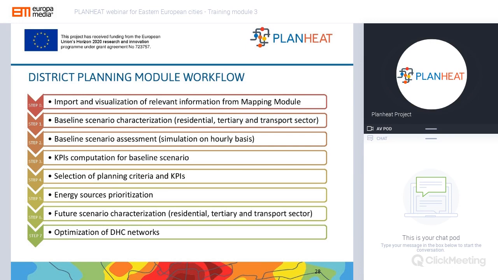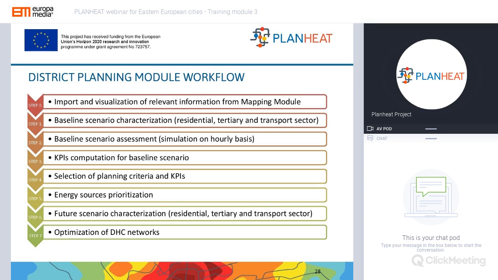In this flow chart or workflow chart, the different steps are defined when the district planning module is taken into consideration. So first of all, the user can import and visualize any relevant information from the mapping module. Then, the user can build up baseline scenario characterization according to residential, tertiary, or even the transport sector.